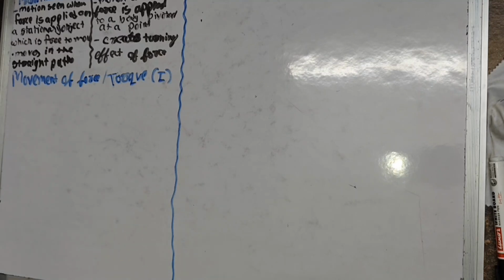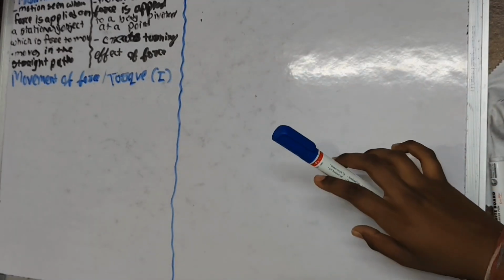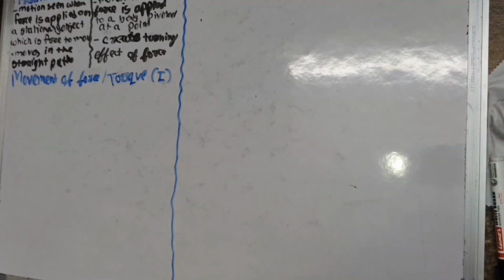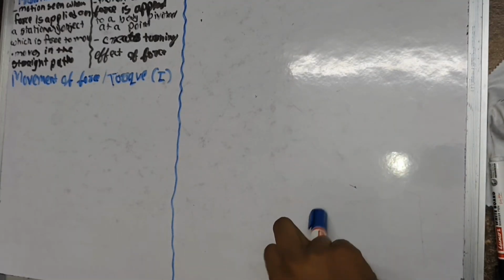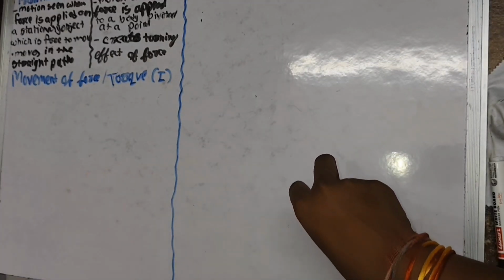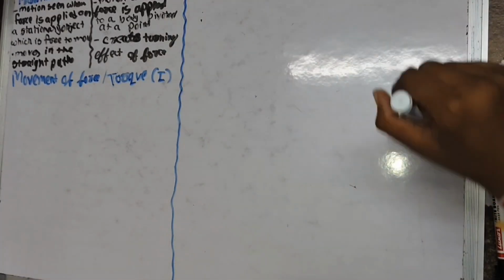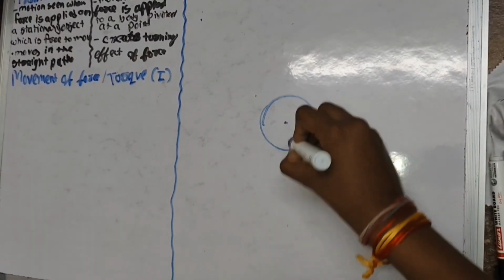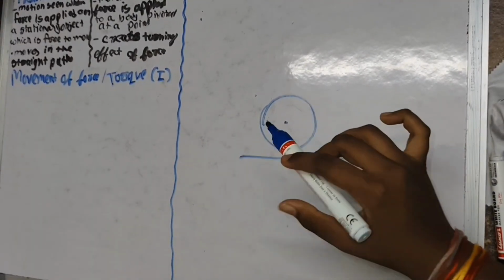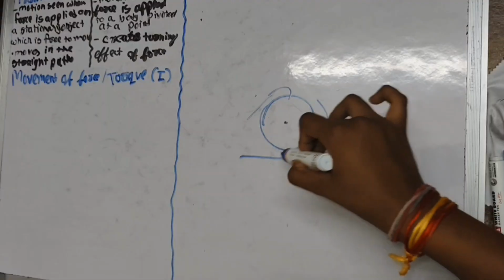As we have discussed in rotational motion, it creates a turning effect of force, which is also known as moment of force, which is torque. So this force causes an object to rotate. If this is a circle, a wheel, it causes the object to rotate like this.